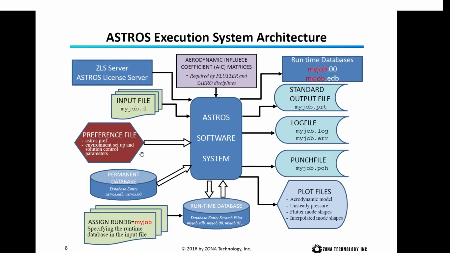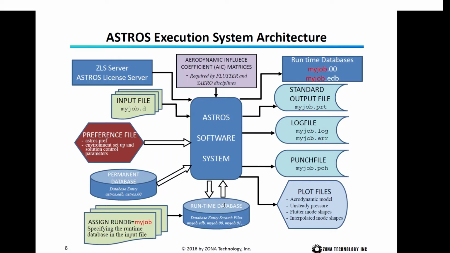If your input file is called myjob.d, the name of the database will be called myjob.edb and myjob.00, myjob.01, and so on. And each module of ASTROS will create a new data entity, and this new data entity will be saved in the runtime database.